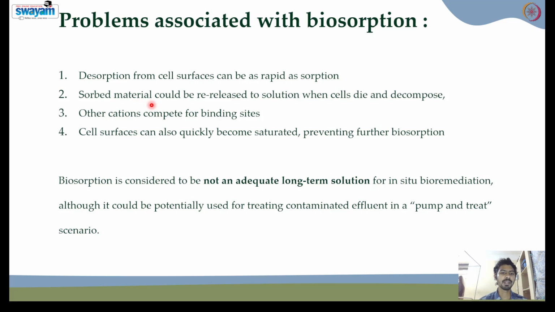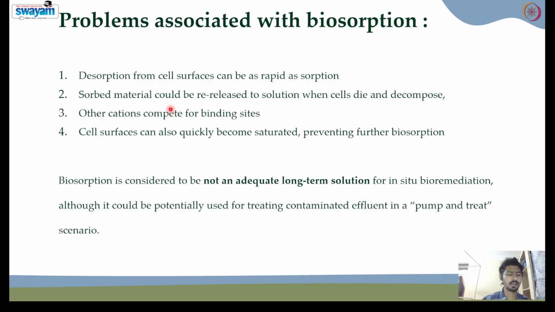Other cations compete. There are other cations also present. Since it's an electrostatic interaction, there might be an interaction of calcium or magnesium also, which is essential. But in this case, the heavy metal absorption capacity will be minimized. And the cell surface can also quickly become saturated, preventing further bioabsorption.